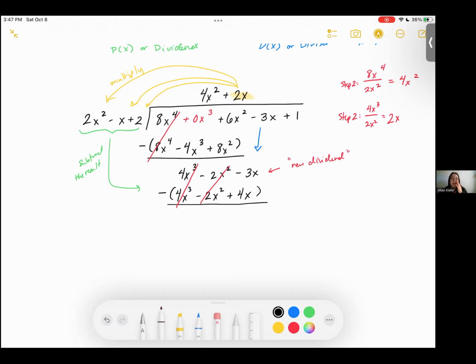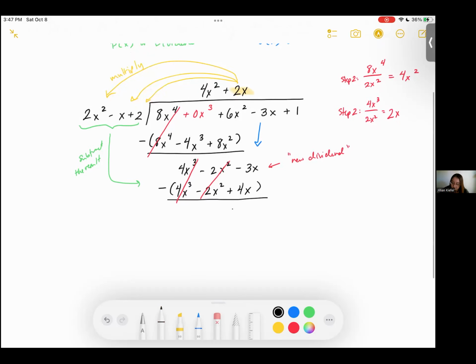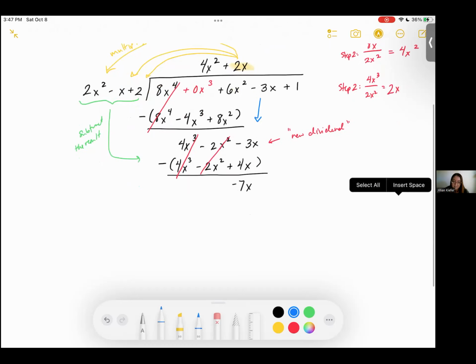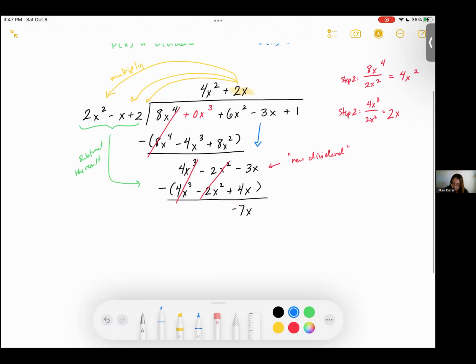That means that what we have left, we have negative 3x minus 4x. So negative 3 minus 4 is going to be negative 7. And the x's get to stick along for the ride. So our final answer here would be negative 7x. That is almost our new dividend because remember, you're going to bring down that last term.